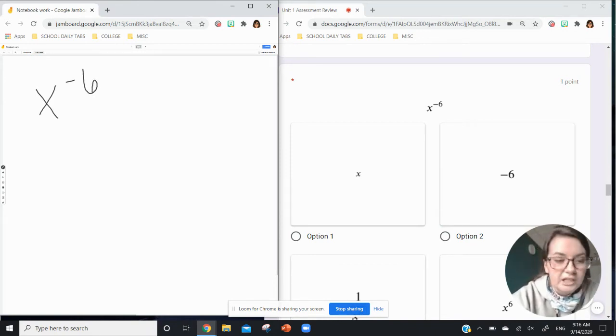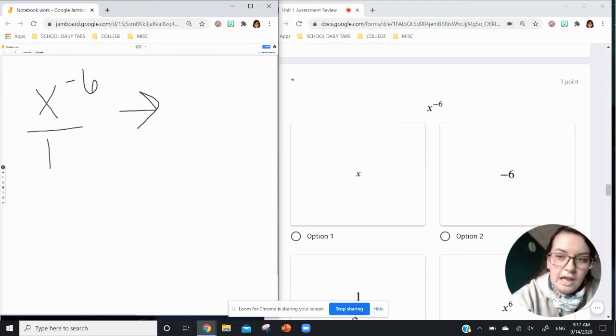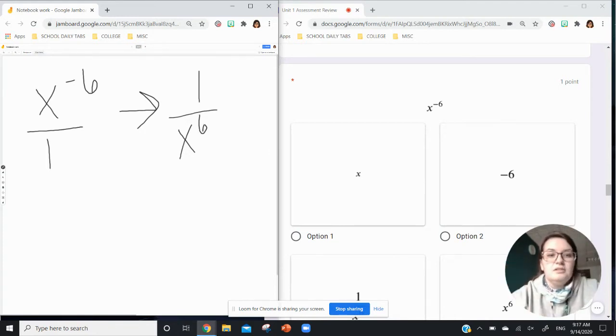And if I were to put a number to make this look like a fraction, there would be a 1 under it. Well, I need to find the reciprocal of that, or I need to basically flip it. So if I do that, I would change to where the 1's on top. And when I flip this, I have to change this negative 6 to a positive 6. So my answer should look like this.